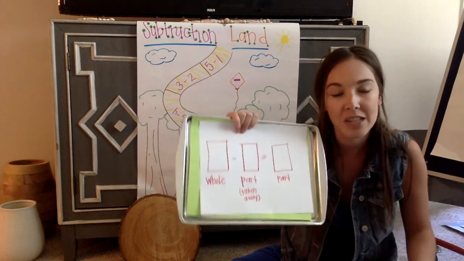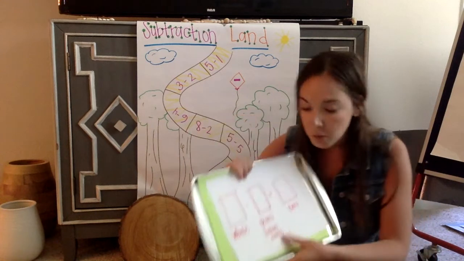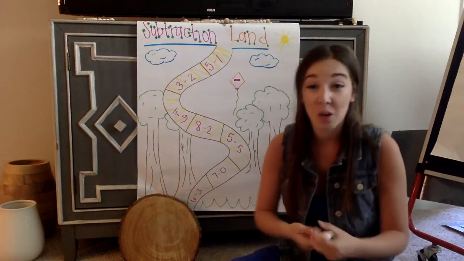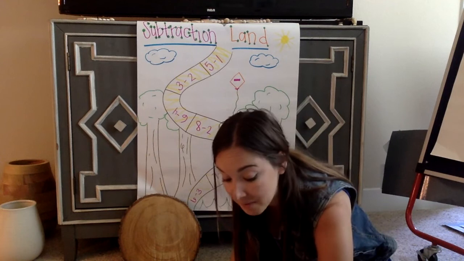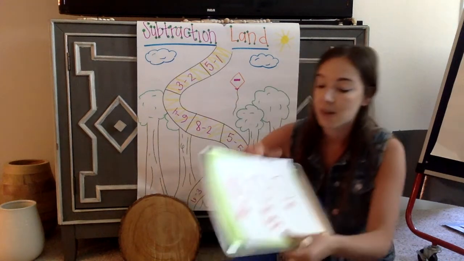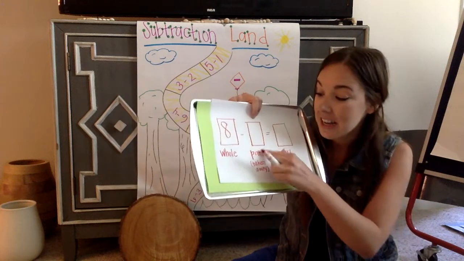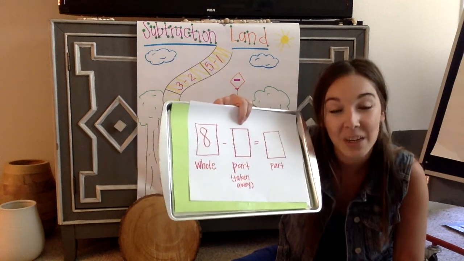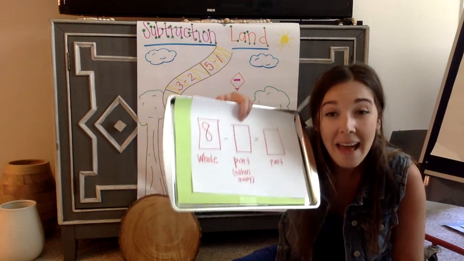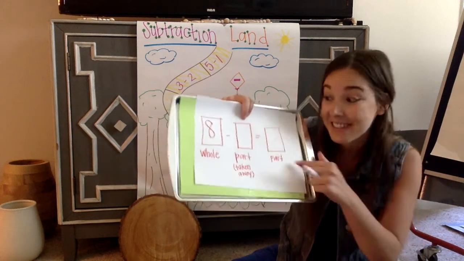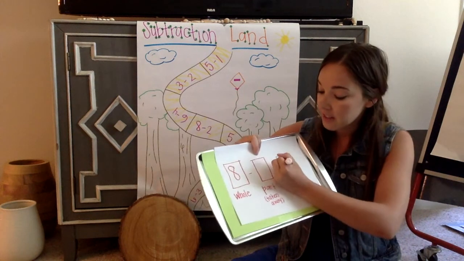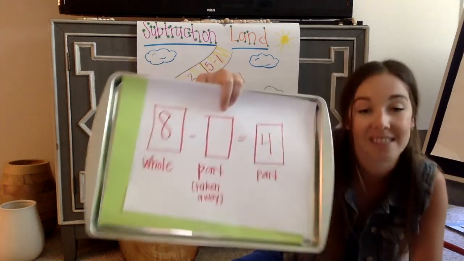But today we're going to do some different work. We're going to be looking at numbers closer to 10, maybe like 8 as our whole starting out. And then you're actually not going to see what has been taken away. You're not going to know how many were taken away, and instead, you're going to figure out how many is left.